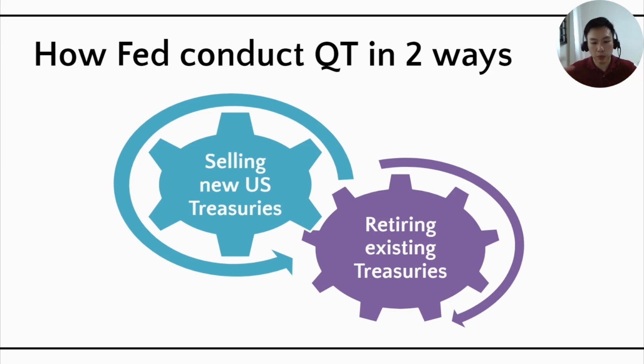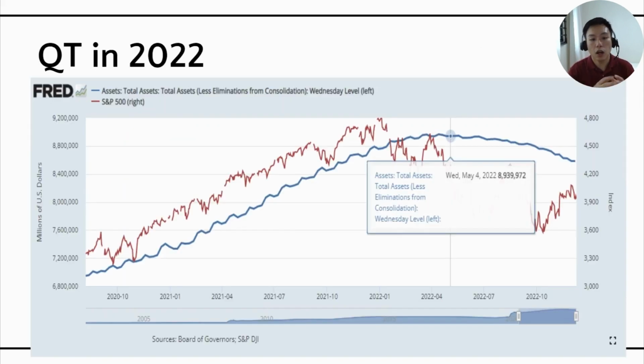While we understand how the process of QT works, the next thing to know is its impact on our lifestyle, on our investments, and henceforth. So the next one. If we look at this chart over here, in May 2022, the Fed actually announced that it will embark on QT from March to May.